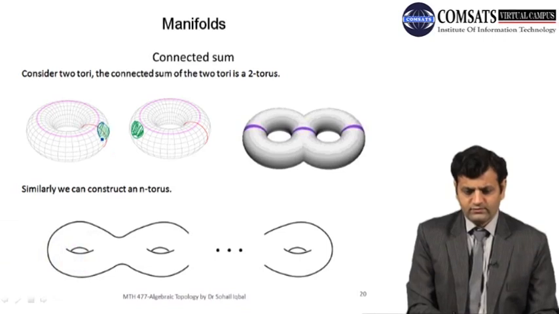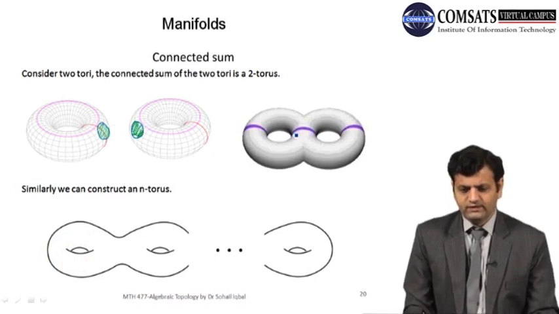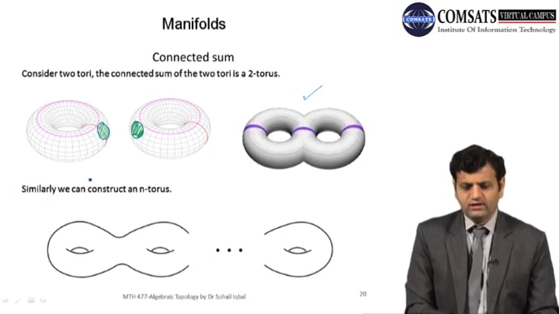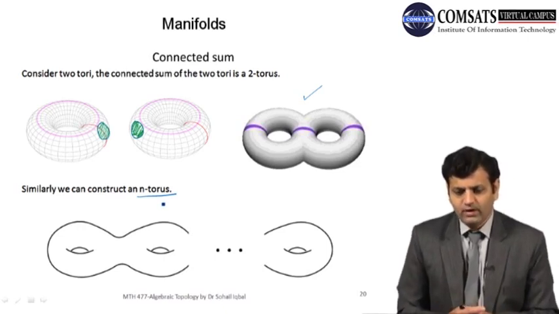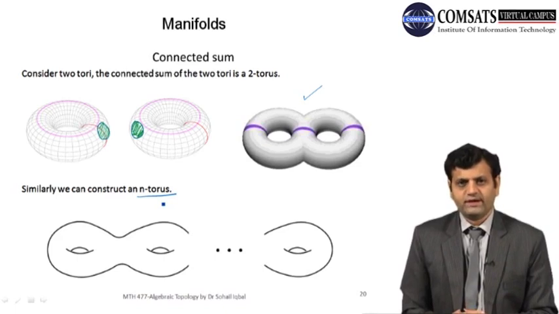What we will get is a two torus. Similarly I can connect another torus with this and I will get a three torus, and so on, and in general we can obtain an n torus from a procedure like this. So that's the power of this operation of connected sum.